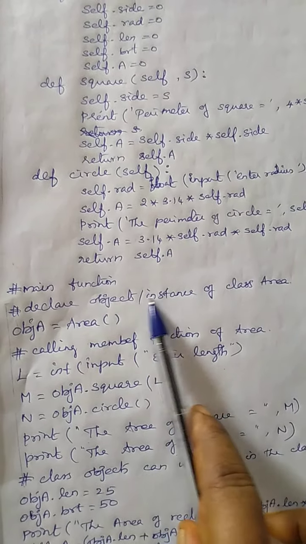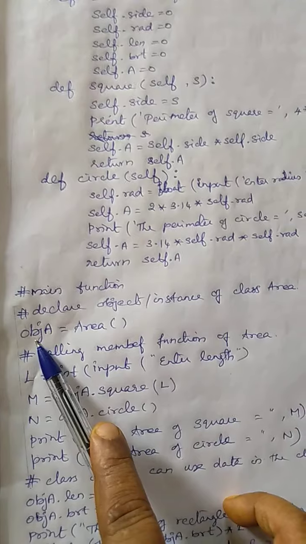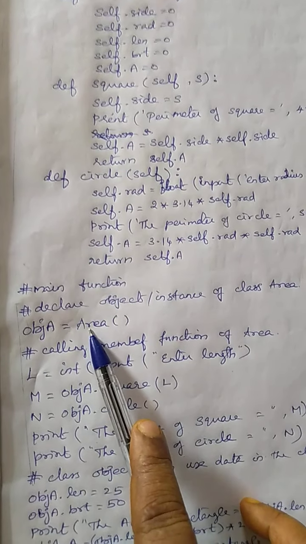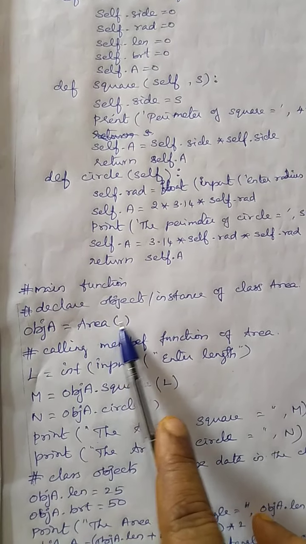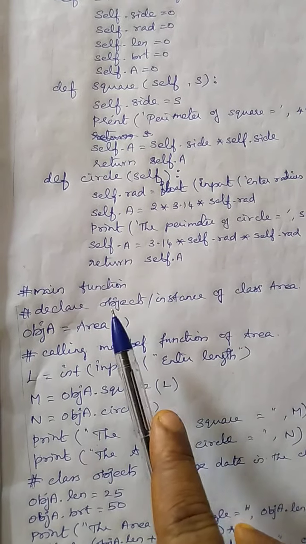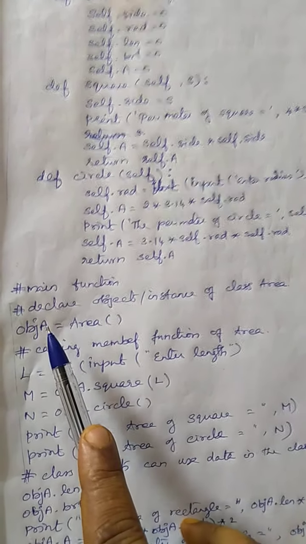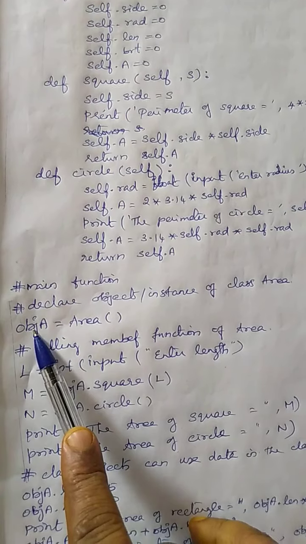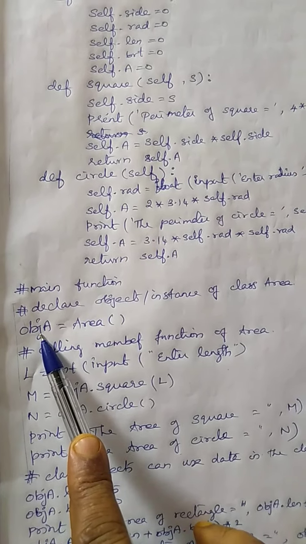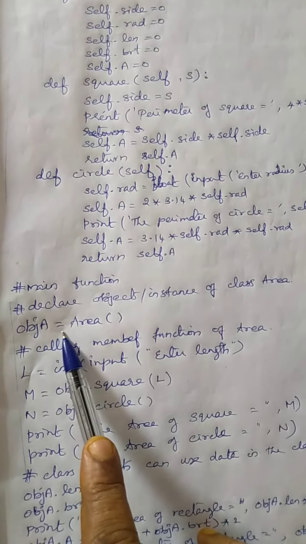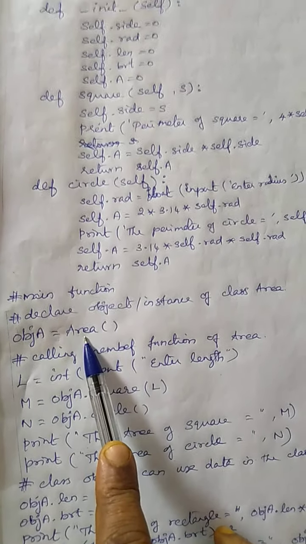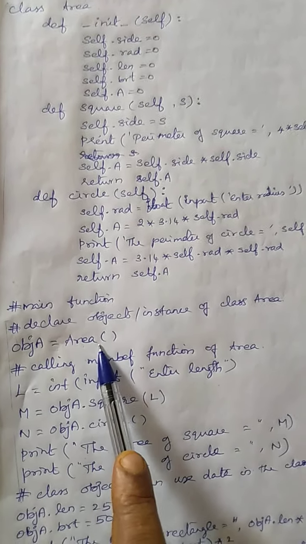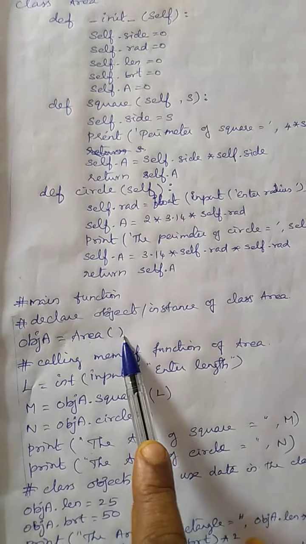Here, how to declare an object? Name of object equal to name of the class followed by a set of parentheses.